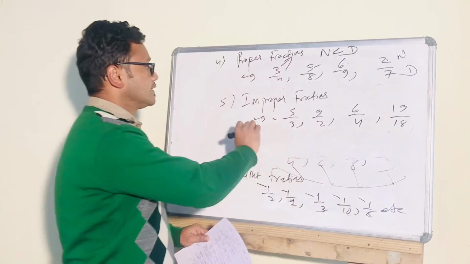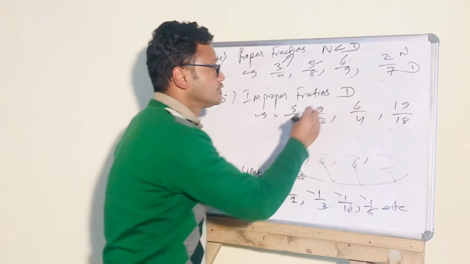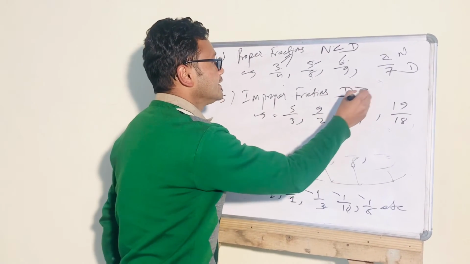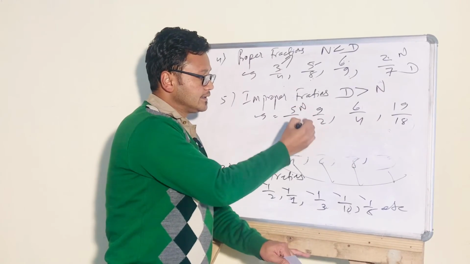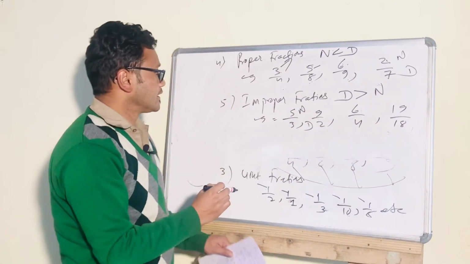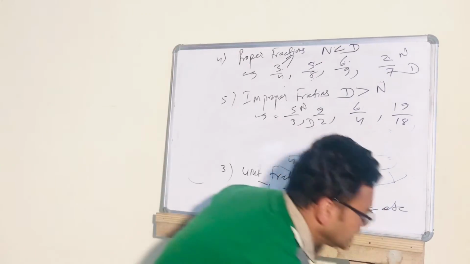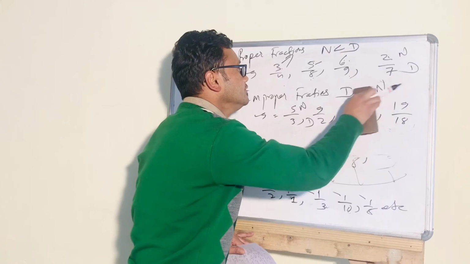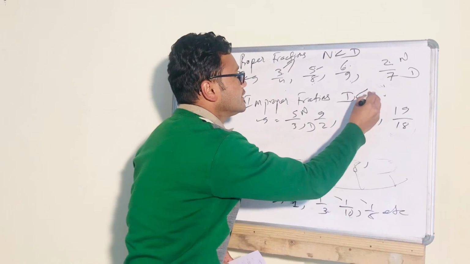These are improper fractions. Improper fraction means the denominator should be less than the numerator.